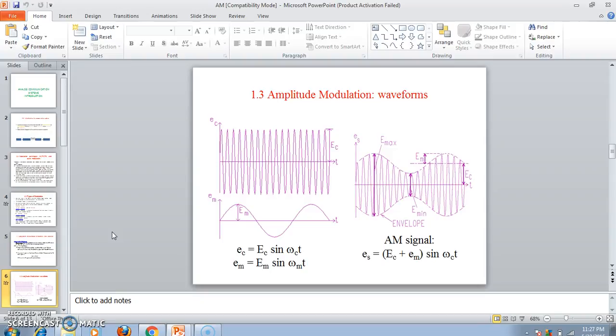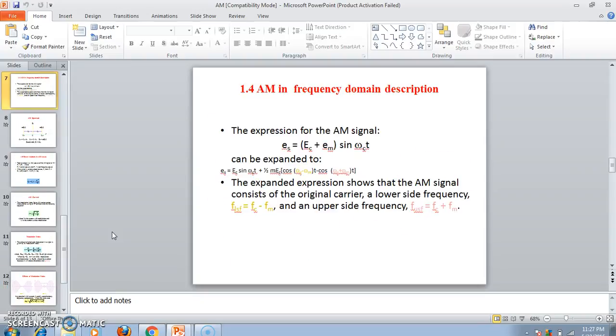The message signal is indicated as EM, where small e represents the instantaneous value and capital E represents the amplitude of the signal, and we see the resultant of these two waves. In this we see an imaginary waveform formed on the envelope of the carrier signal.